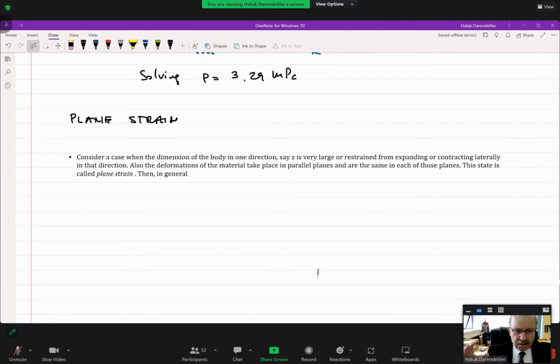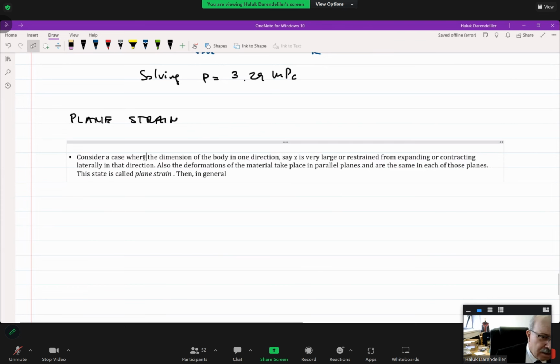Consider a case where the dimension of the body in one direction, say Z, is very large, infinitely long, or restrained from expanding and contracting laterally in that direction. Further, all the deformations of the material take place in parallel planes and are the same in each of those planes. This state is called plane strain.